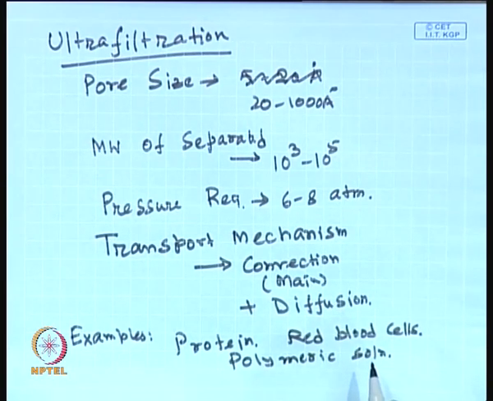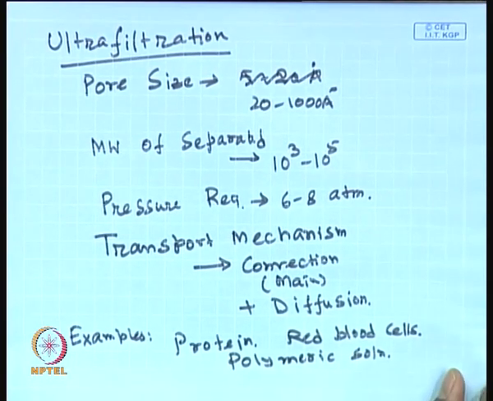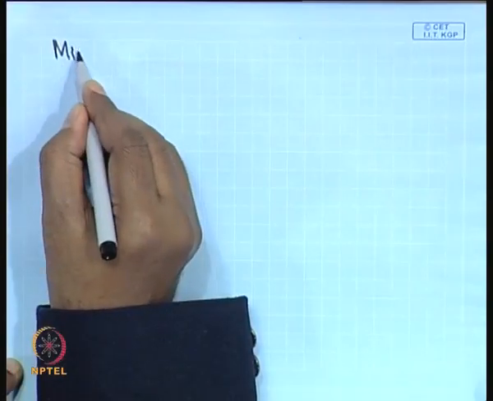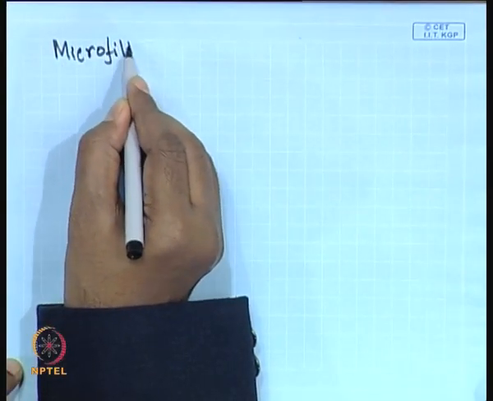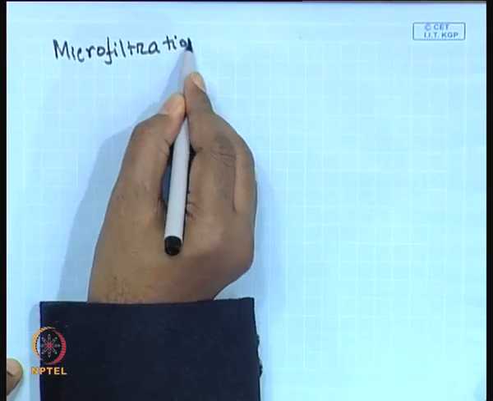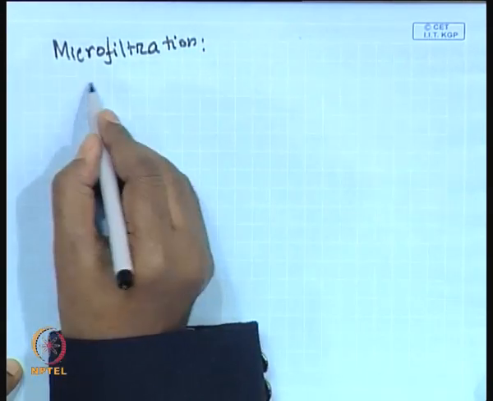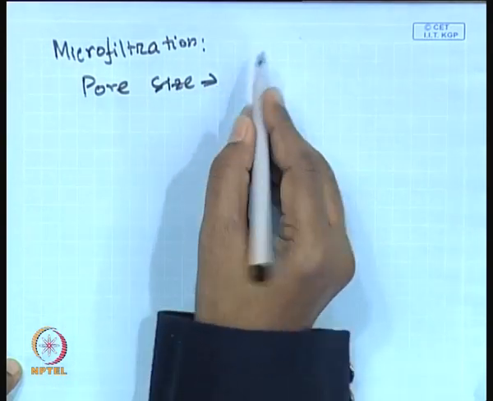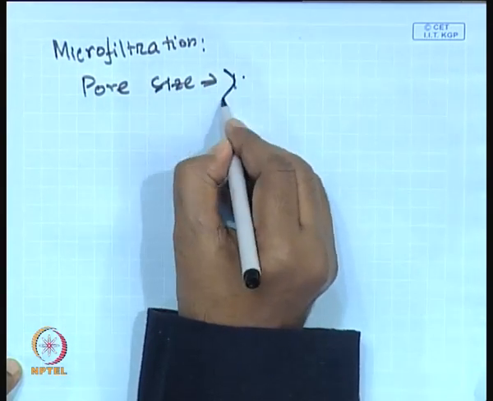Now, out of all these processes, ultrafiltration and microfiltration are widely used. Now, we will go to the next process, that is the microfiltration process. The first characteristic of microfiltration is that the pore size is very high, in the order of more than 1000 angstrom.